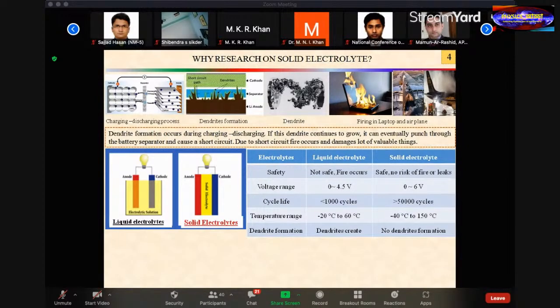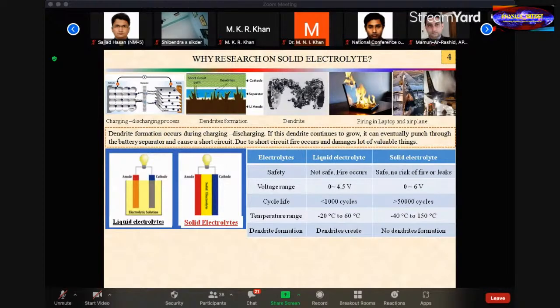Other advantages of solid electrolyte materials, you can see here in the table, are the safety issues. The liquid electrolyte is not safe, but the solid electrolyte is thought to be safer than the liquid electrolyte materials, and the voltage range in the case of solid electrolyte is also an advantage. The most important thing is the cycle life.